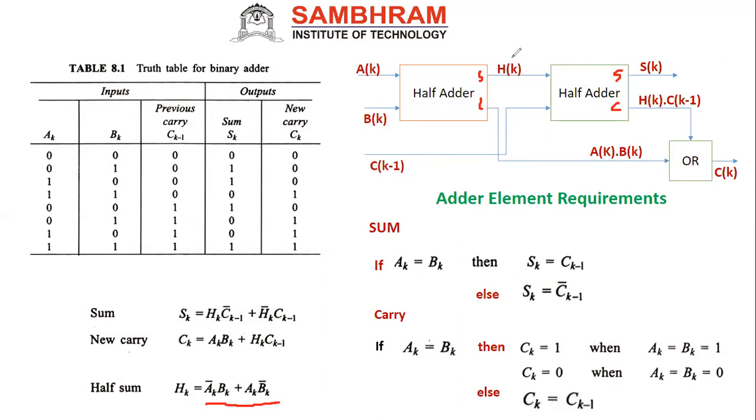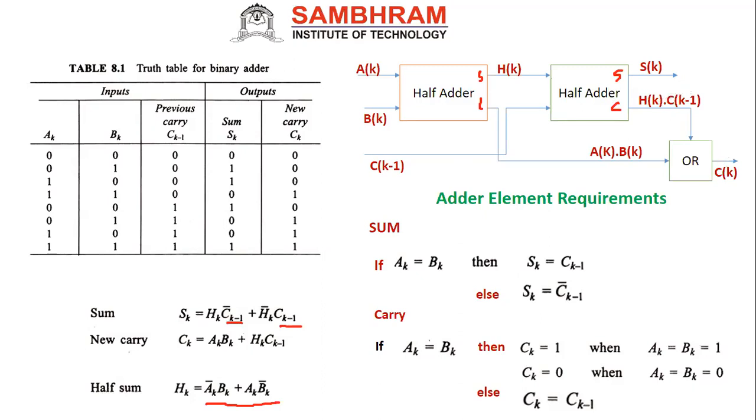So Sk is equal to Hk XOR Ck minus 1, that is Hk Ck minus 1 bar plus Hk bar Ck minus 1. Next, the carry of the second half adder is the AND gate of these two, Hk dot Ck minus 1.